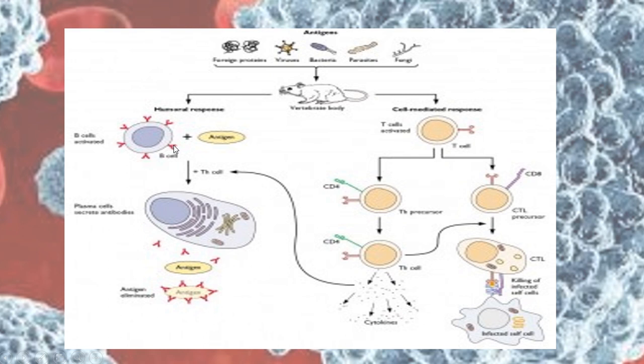And as we said before, the B lymphocytes ready to start secreting antibodies are called plasma cells. And the interleukins of type 2 secreted by the T4 cells will activate the T8 lymphocytes, which will cause lysis of the infected body cell, killing and eliminating it.